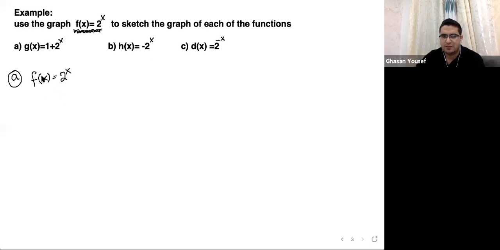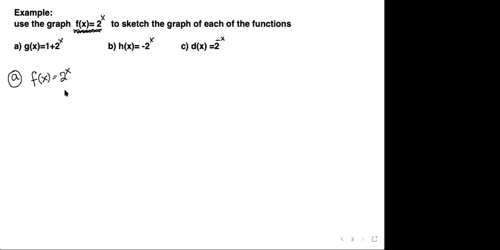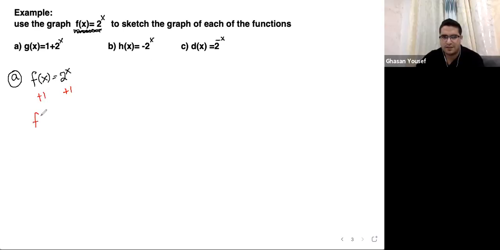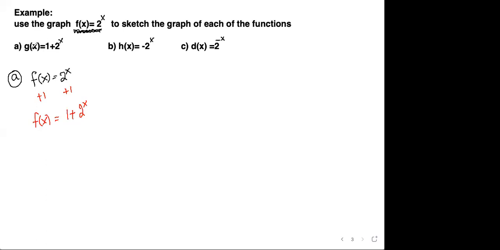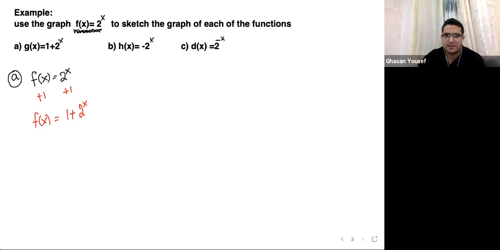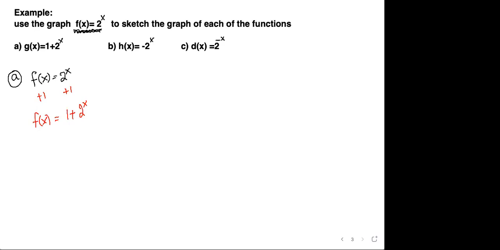What I have to do, like adding, subtracting, plugging some values. Add a 1. Yes, exactly. Let's add 1. So if I add 1 here, I get f of x equal 1 plus 2 to the power x. And if you look here, this function is the same as g of x. 1 plus 2 to the power x is the same as g of x.